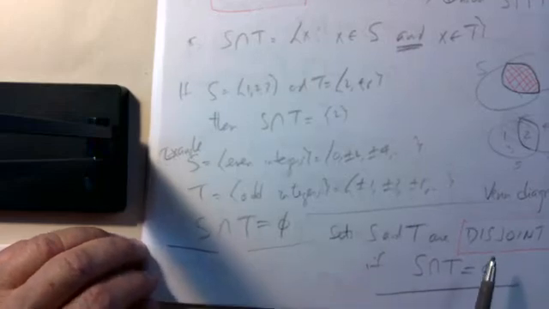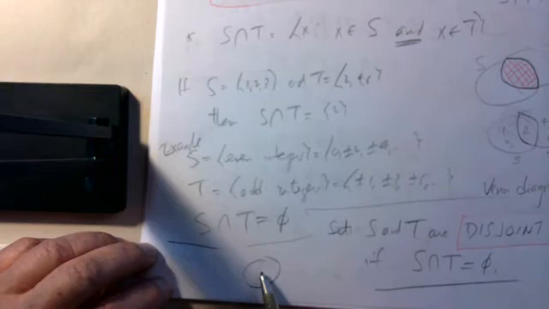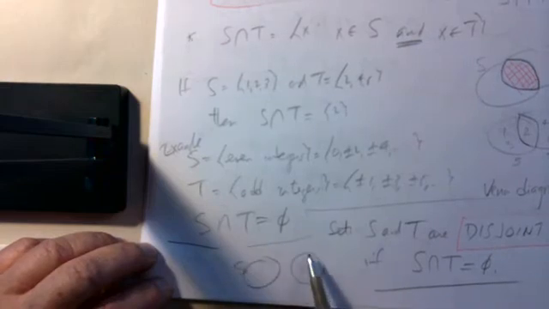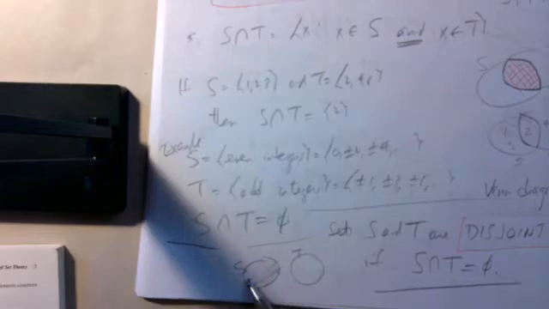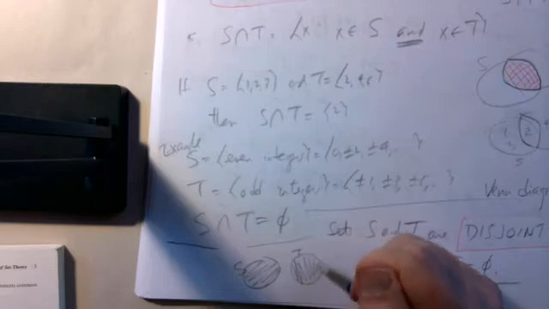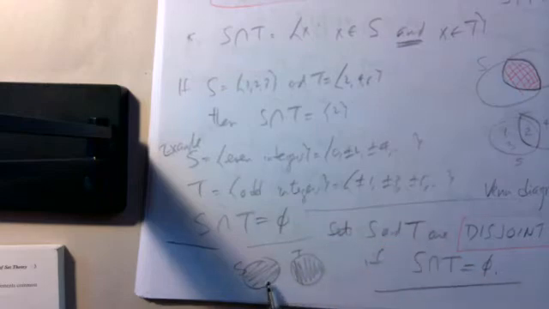So a Venn diagram of disjoint sets is, here is S, here is T, and they have nothing in common. In this set, there's no element that belongs to both of them, so the intersection is empty.